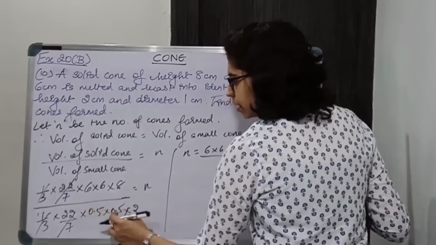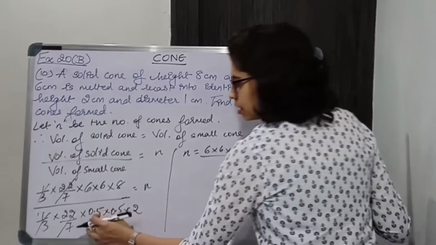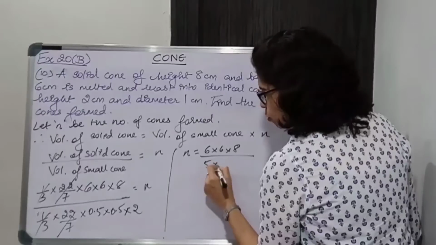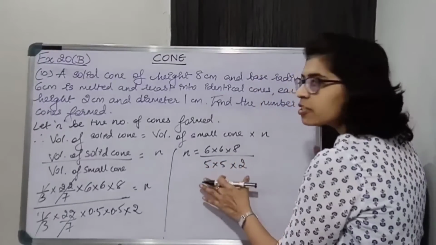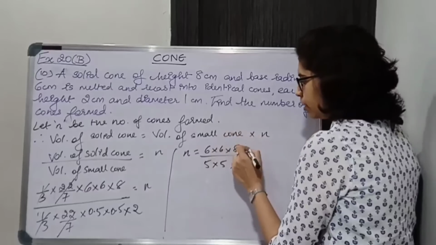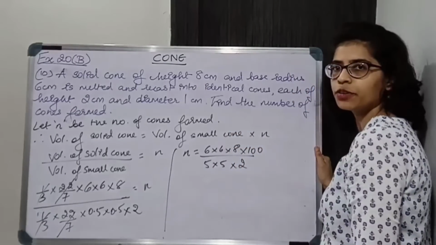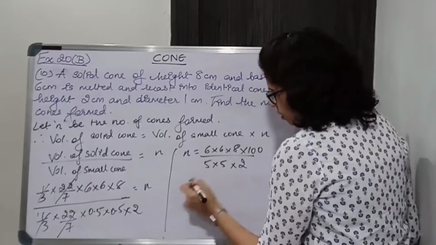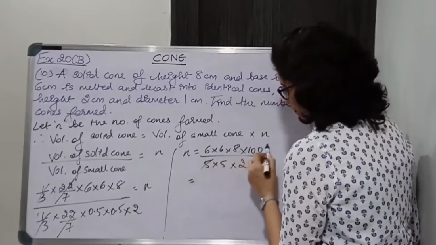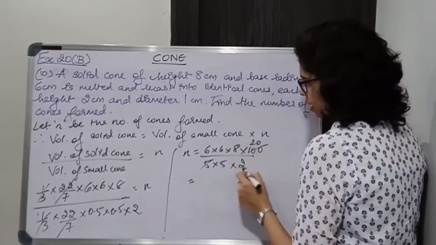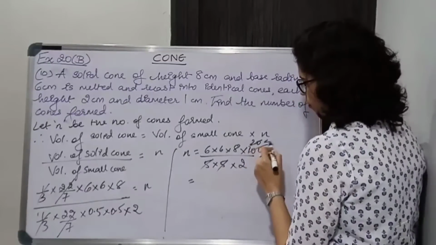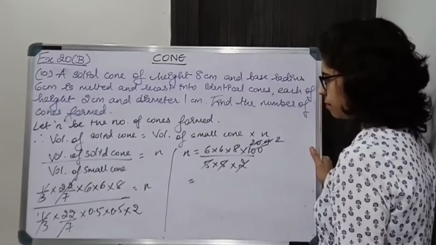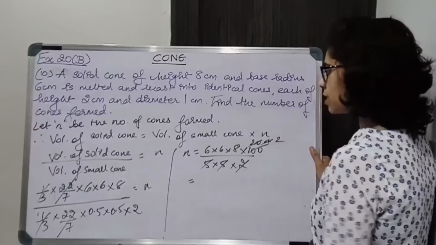So what will we do? We'll multiply by 100. The decimal point here and the decimal point here, so 10 and 10, we multiplied by 100, so 5 into 5 into 2. You can't just multiply the denominator, you have to multiply the numerator as well, so we multiply this also by 100. This one, its decimal point is gone. Now 5 20s are, 5 4s are, 2 2s are, so we are left with 6 into 6 into 8 into 2.